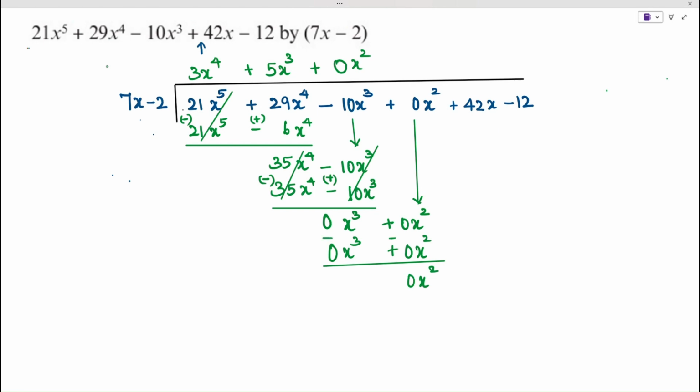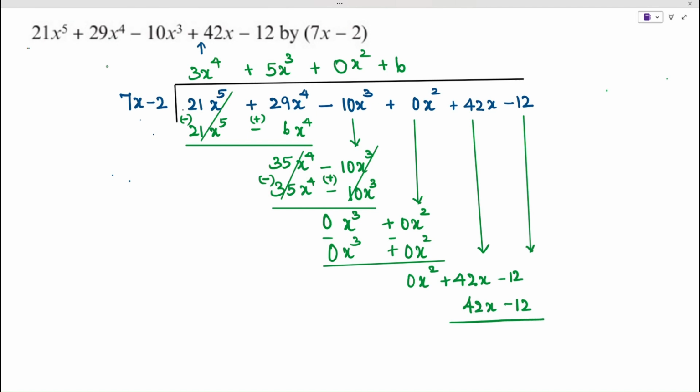And so with this, we can just bring the last section down, both 42x and minus 12, because we know that our 0x squared isn't going to do anything. And so 7x times 6 gives us 42x. And minus 2 times 6 gives us minus 12.